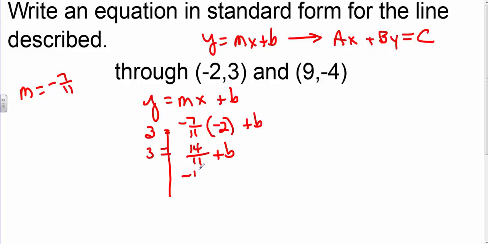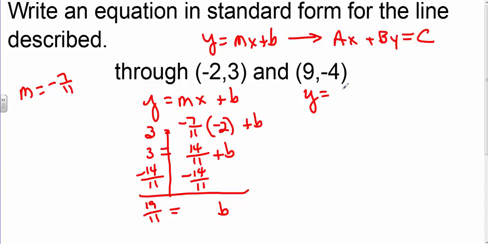We go minus 14 over 11, minus 14 over 11, and we get b is equal to 19 over 11. So that's our y-intercept. So now we can come back up here, and we can go y is equal to slope, negative 7 elevenths, x plus b, which is 19 elevenths.